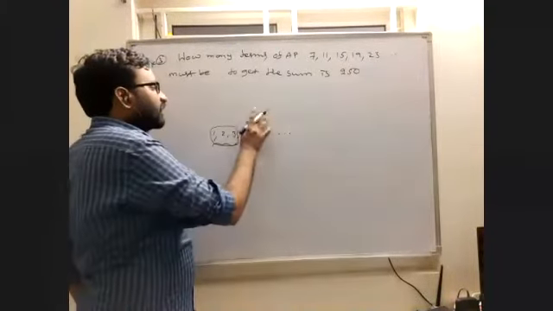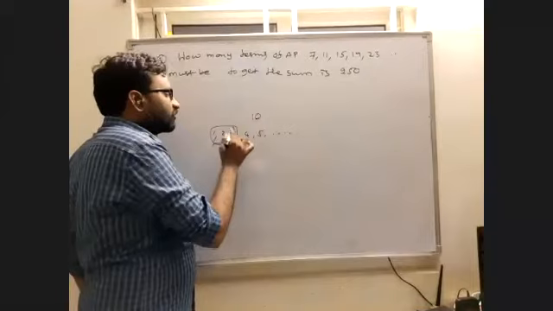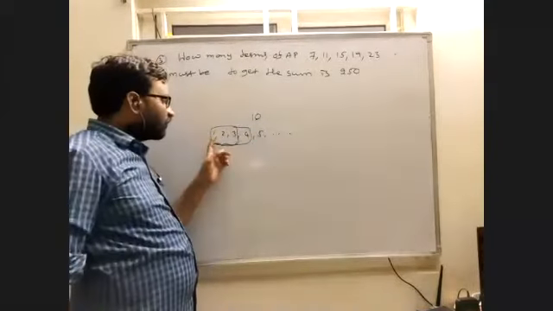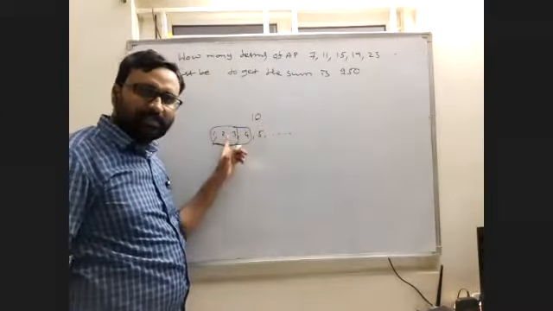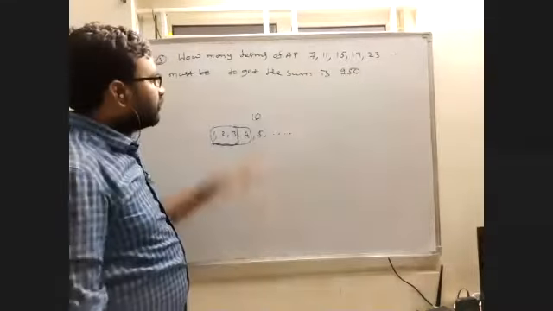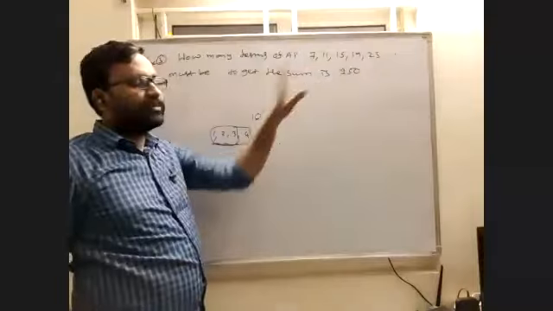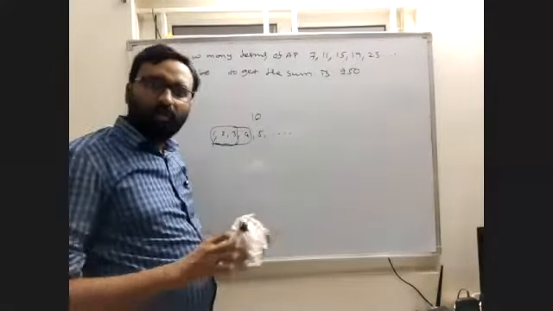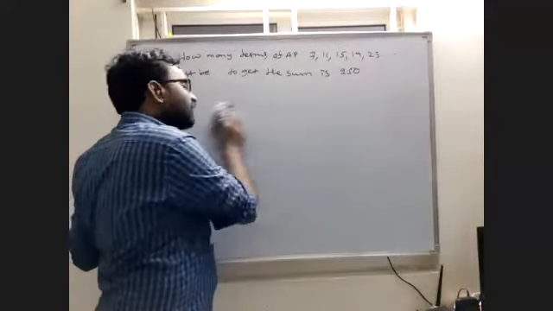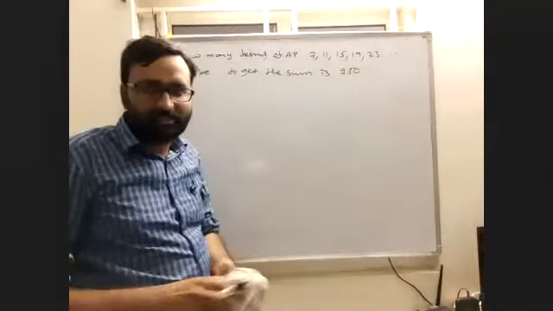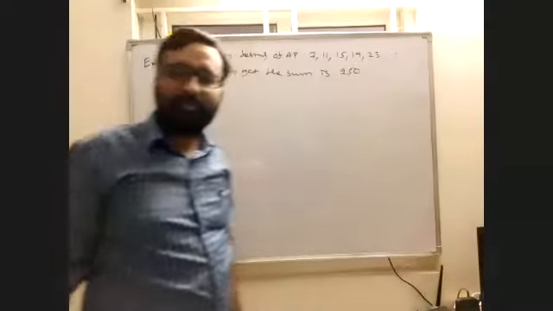To get 10, how many numbers? 4 numbers: 1 plus 2 is 3, 3 plus 3 is 6, 6 plus 4 is 10. So this question is also similar: the series is given, but the number of terms is not given. Small n is not given, but the sum of the total numbers is given.